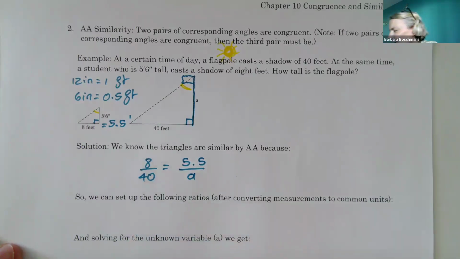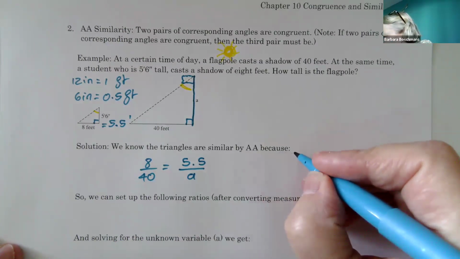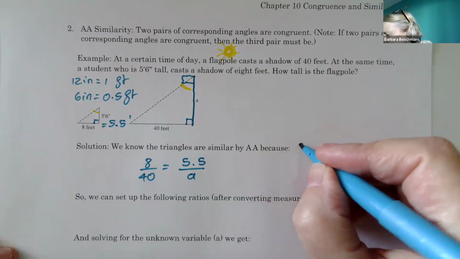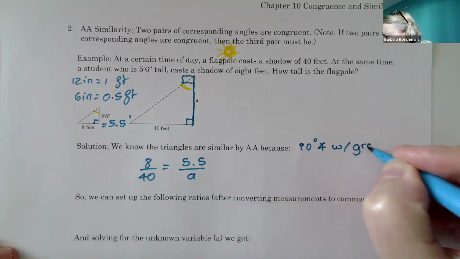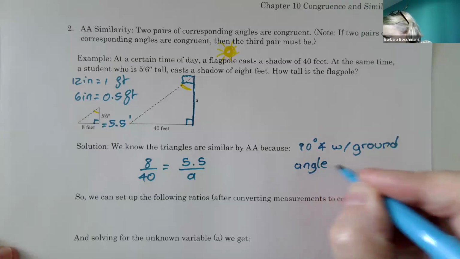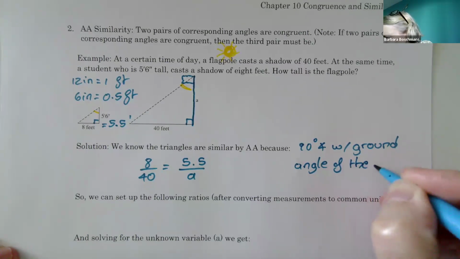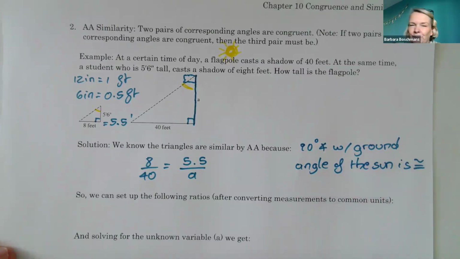Oops, I wrote that in the wrong spot, but I did say this out loud. It's angle because there's a 90-degree angle with the ground, and the angle of the sun is congruent.